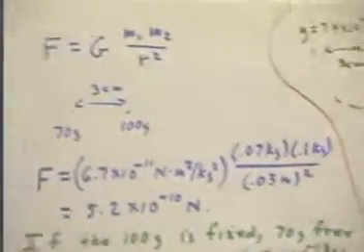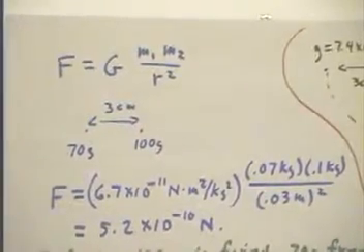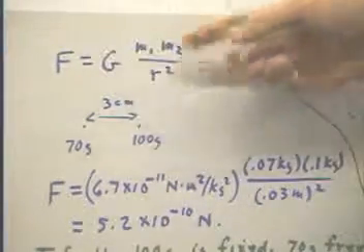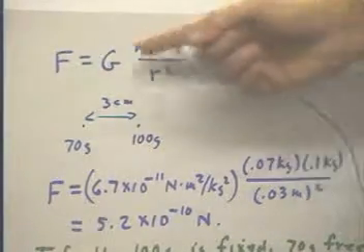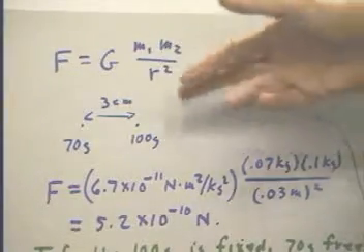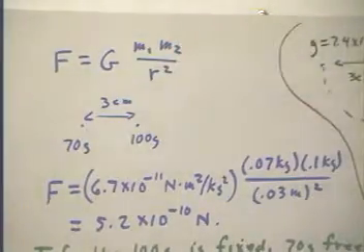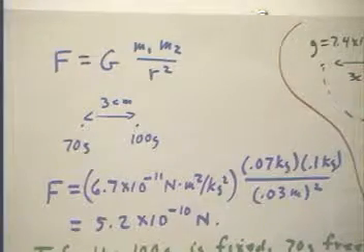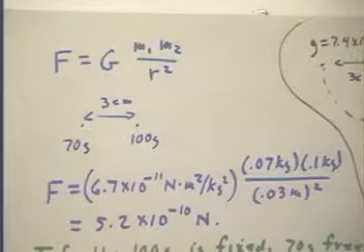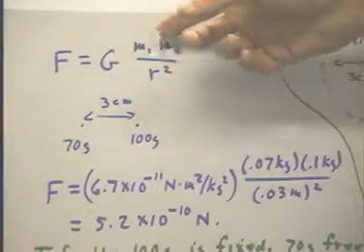Now we can easily get the force if we simply use Newton's law of universal gravitation in its original form. Maybe it's original, maybe it was stated in a slightly different form, but this is pretty close to the original form. I wasn't there, so I'm not sure exactly what he said, but it's pretty close to this.